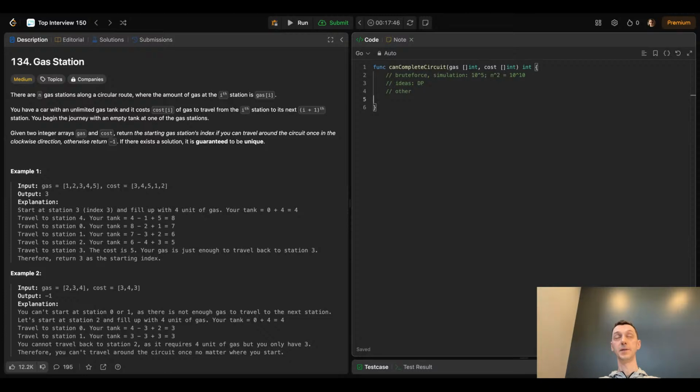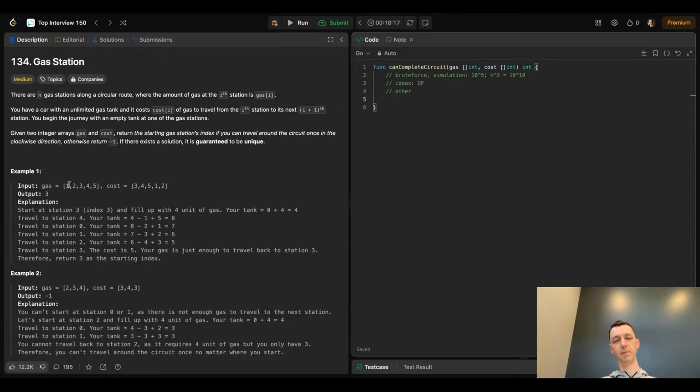If the total sum of all the stations has enough gas, abstract from the multiple gas stations and imagine there are only two gas stations.